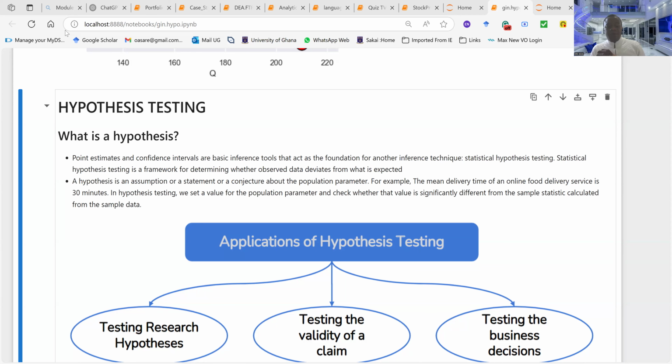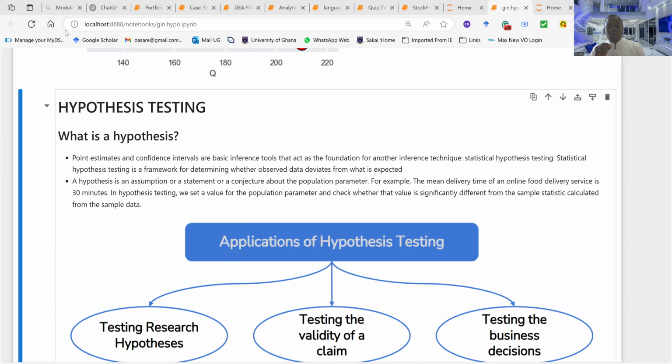That framework for determining whether observed data deviates from the expected value is what is known as statistical hypothesis. It's an assumption, it's a claim, it's a guess about a population parameter. It's a conjecture.